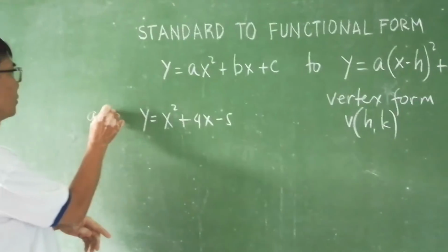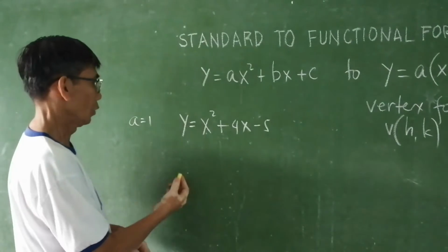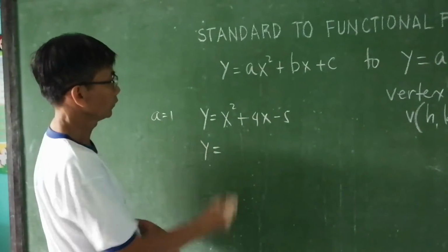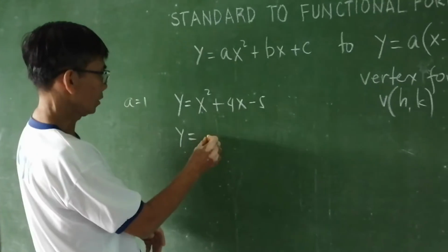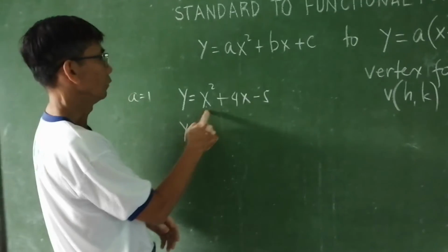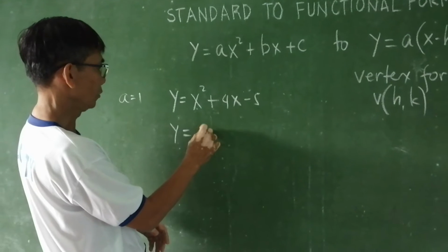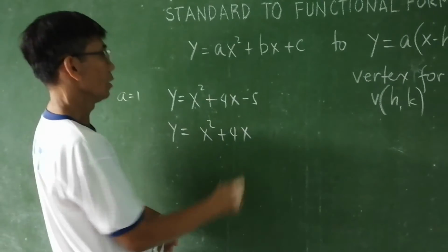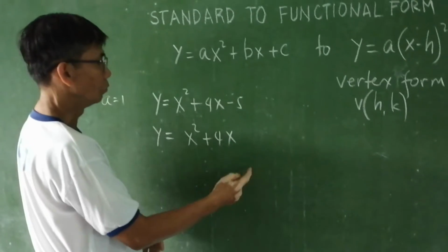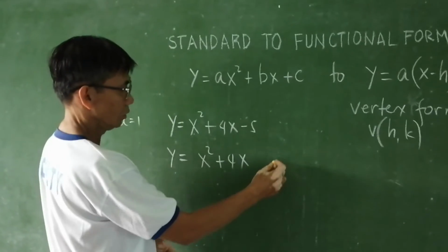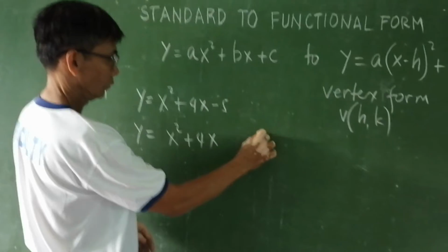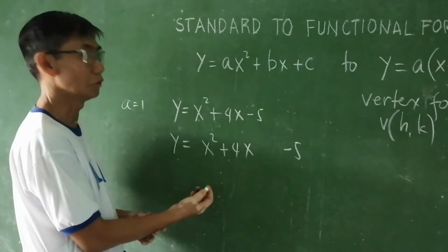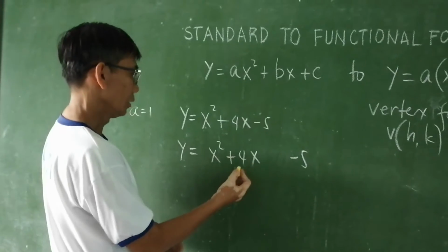So what we are going to do is to rewrite the quadratic such that the first two terms will be together, and we are going to move the c further with a space. The purpose is we are going to use completing the square.